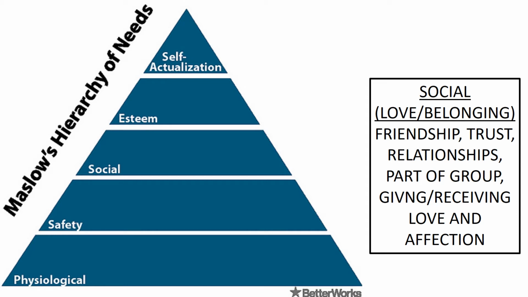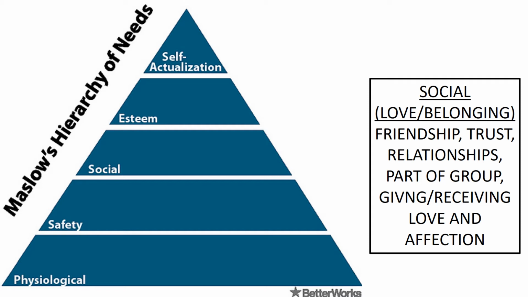According to Maslow, the idea of being social, the idea of interacting with other people, feeling like you belong to something, whether it's on an actual designated team, like maybe you're part of the football team and you feel like you belong there and you have a sense of trust with those guys, or whether you are in your friend group and you feel like you belong there, that is also considered a need.